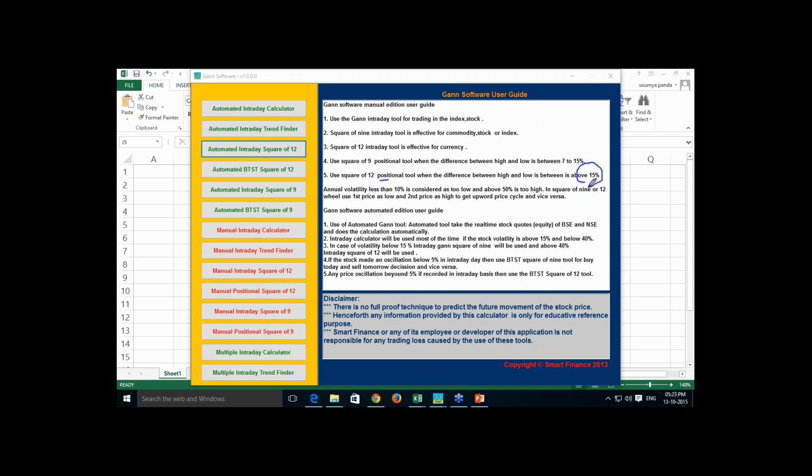Square of 9 will work in lower volatility, square of 12 will work in higher volatility.